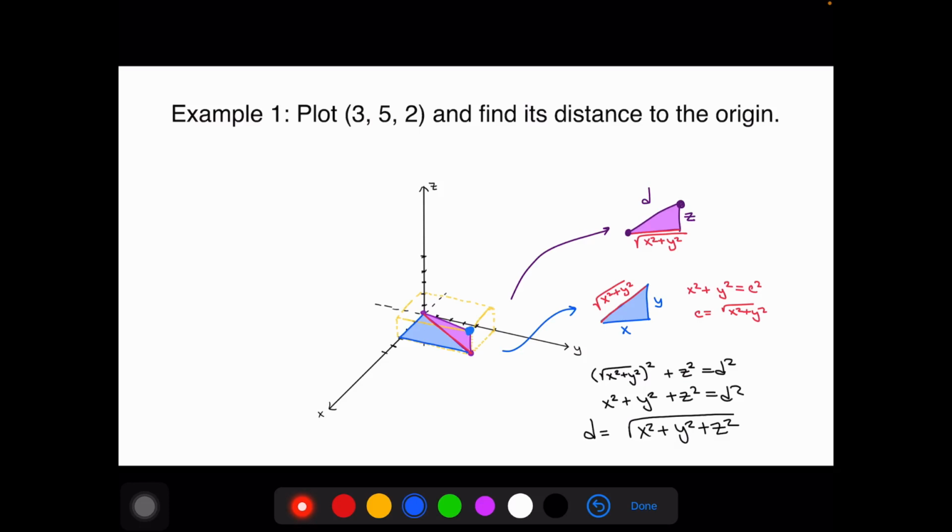And so finally, in this problem, we actually have numbers to work with. Let's just put those numbers in. Our x distance is 3, y is 5, z is 2. So plugging all of that in, square root of 9 plus 25 plus 4, I got square root of 38. So that's the distance from the origin to that point.